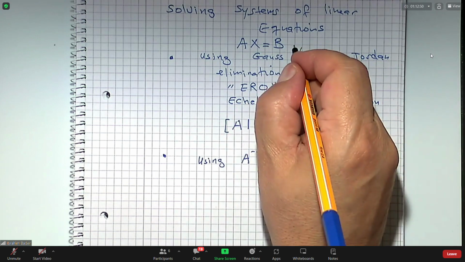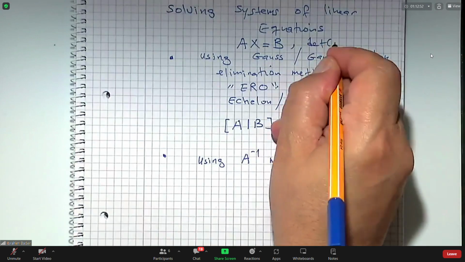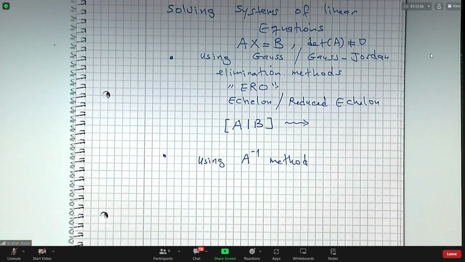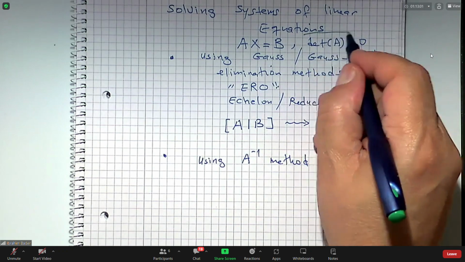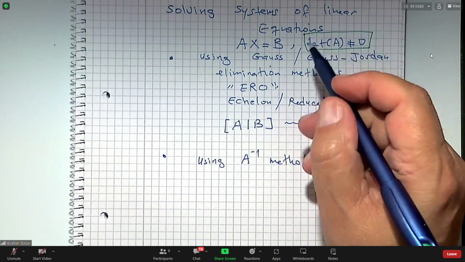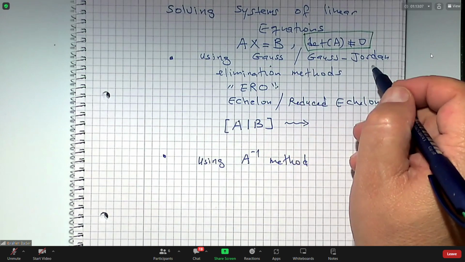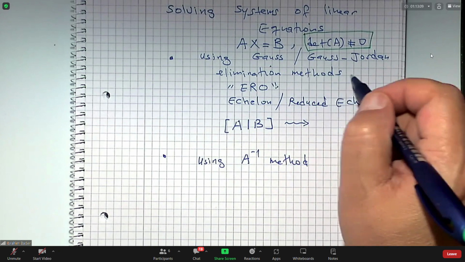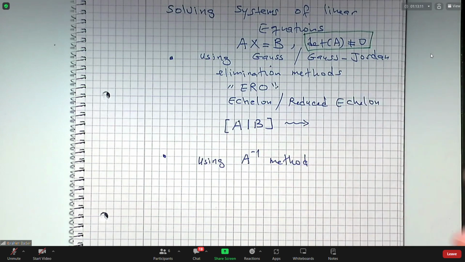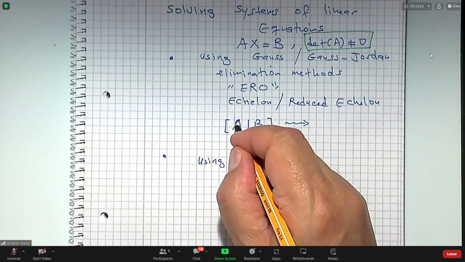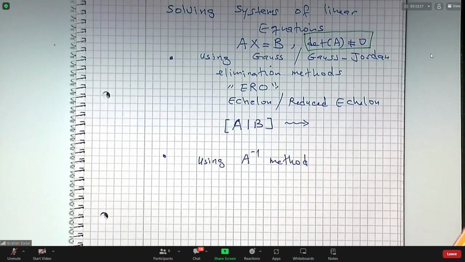Maybe here, let me assume that the determinant of A is non-zero, okay? This is an important condition because if the determinant is 0, you will be stuck. If you use Gauss or Gauss-Jordan elimination methods, you will reach something that definitely will be either a tautology or a contradiction, and this is, of course, not desirable.